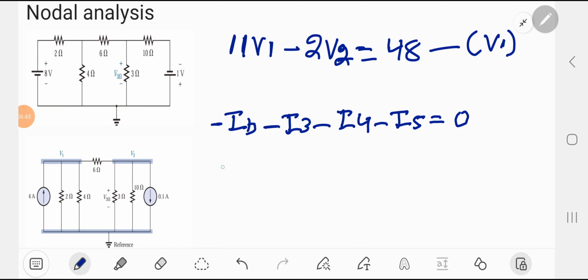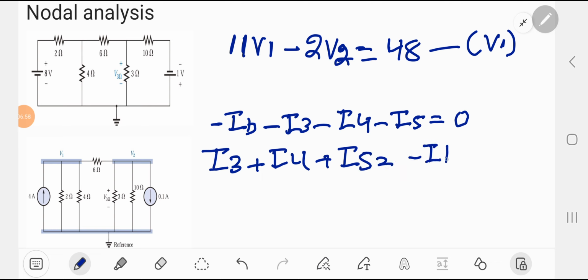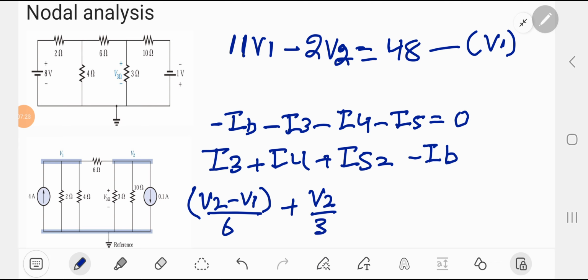If we simplify the equation, let's put all the values in this equation. I3 is across this branch, which is V2 minus V1 divided by 6 ohm. I4 is across this branch, which is V2 divided by 3 ohm.